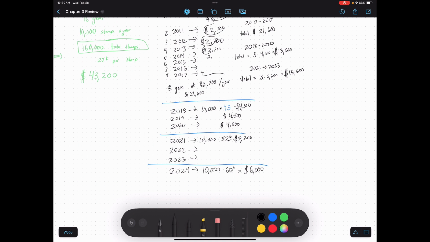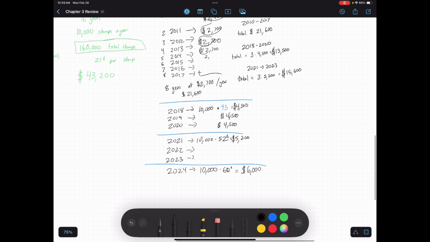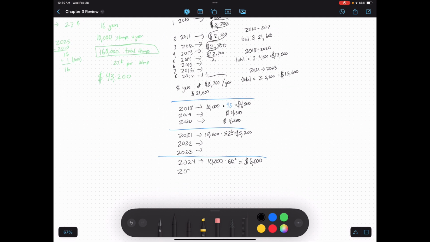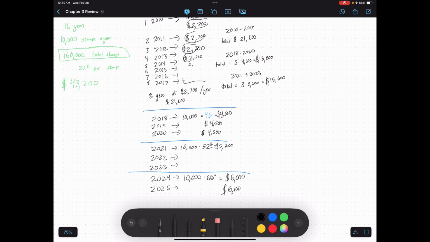It costs $6,000 to buy all my stamps in 2024. Since I'm going through 2025, that's just one more year of $6,000. And so my total for 2024 to 2025 is just 6,000 plus 6,000, which is $12,000.